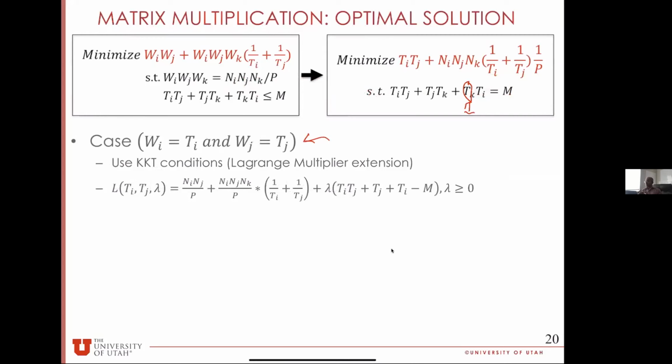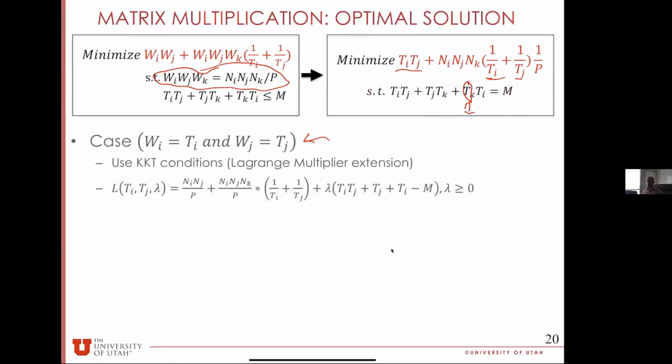Because of the load balancing constraint, Wi, Wj, Wk is Ni, Nj, Nk divided by P. So we have reduced the system to one that has only two variables, Ti and Tj, over which we have to do the optimization.